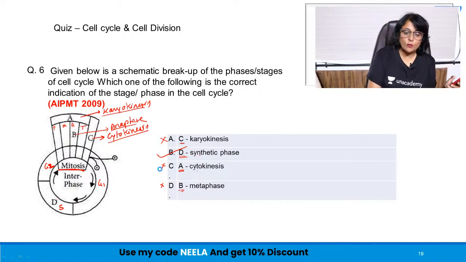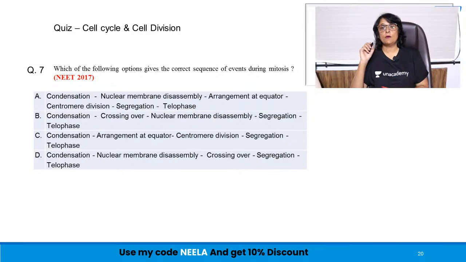All right, one more question. The 7th question appeared in NEET 2017. Now let us start answering this question. This is question number 7. There are some events given. You have to pick the correct sequence in which the events occur during mitosis.